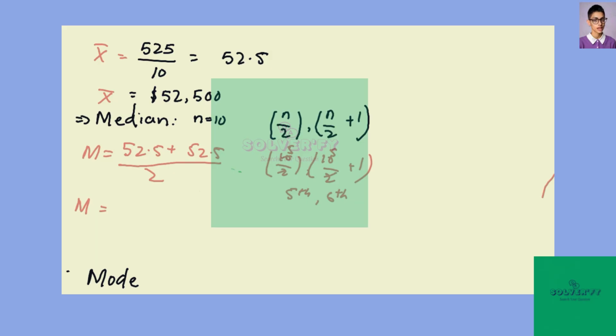This will be 105 by 2, and this will be 52.5. So the median will be $52,500.